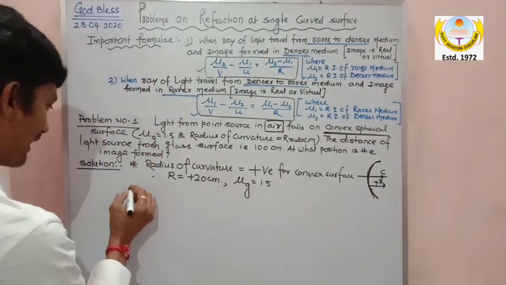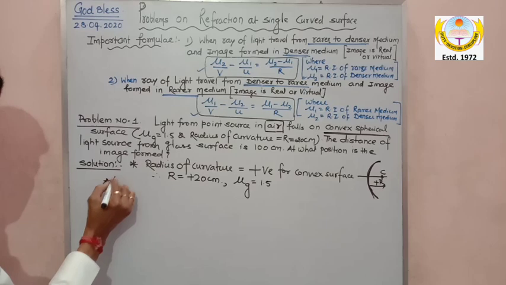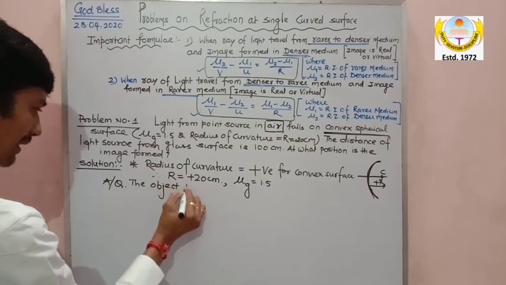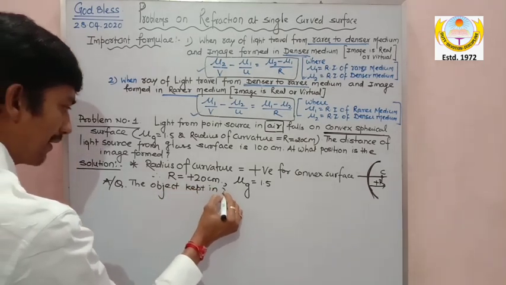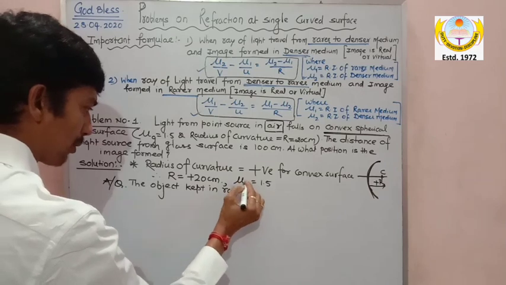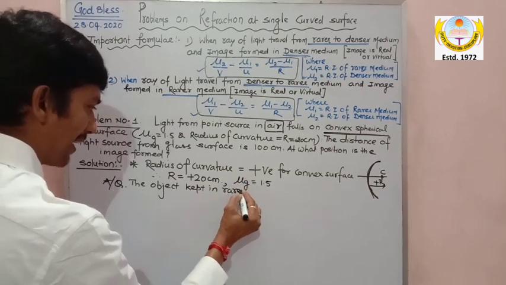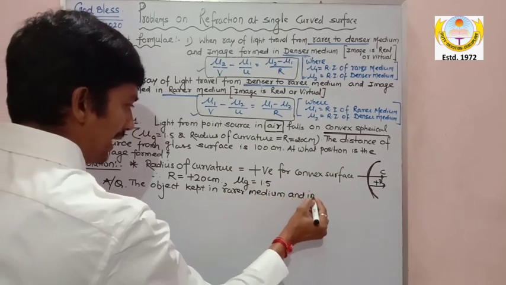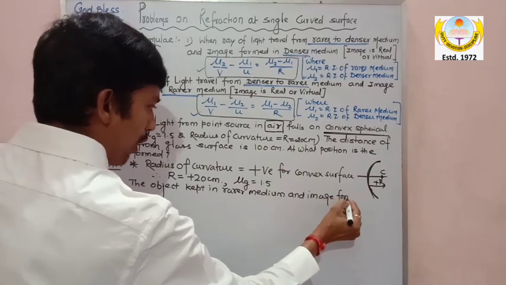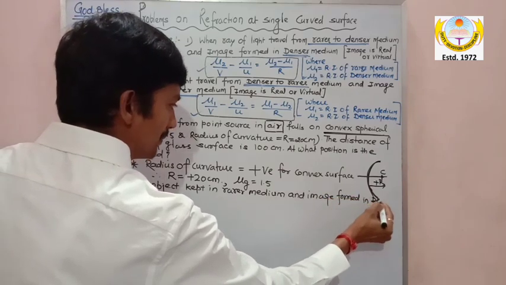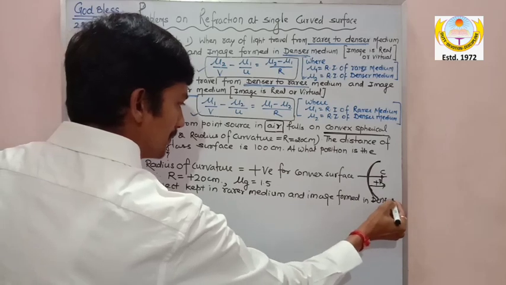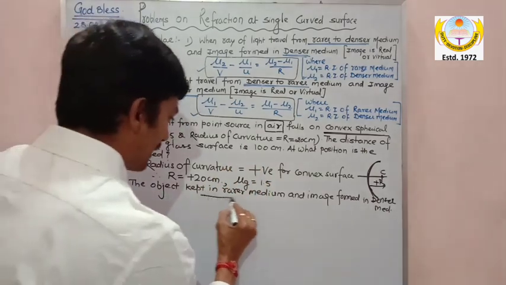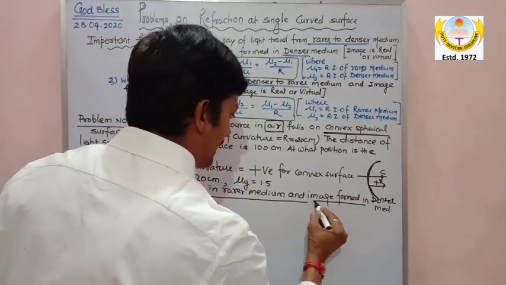So according to the question, the object is kept in rarer medium and the image formed in denser medium. This is a very important line.